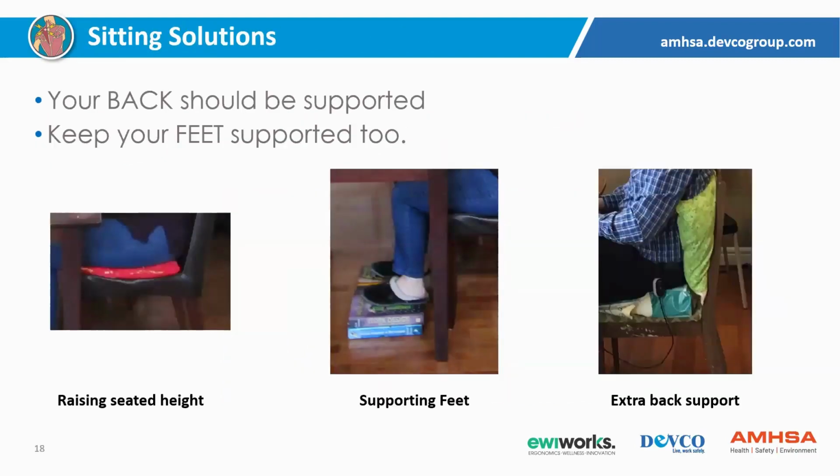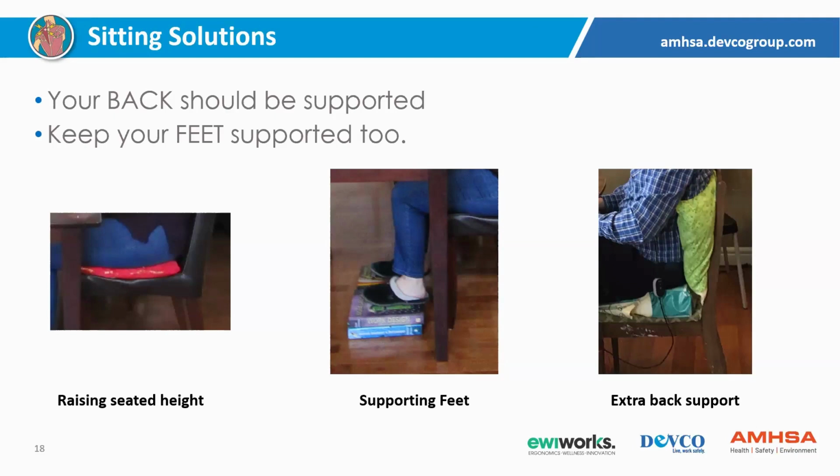All right. So, other adjustments that you can make, obviously adjusting for your height, and you'll see once we get more into the hand section, adjusting the height is going to be dependent on our workstation a little bit.